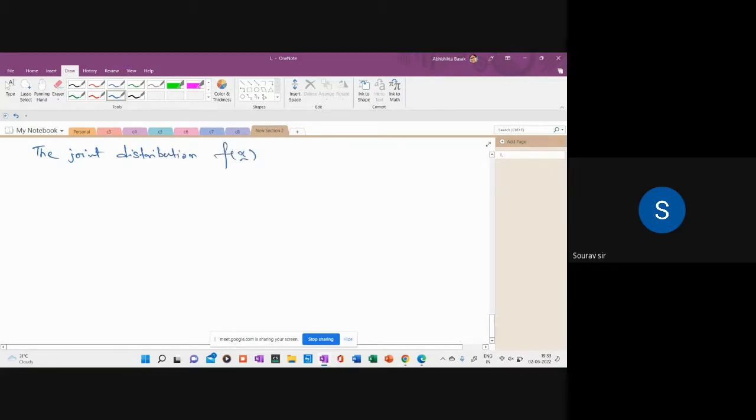f of x curl, I am writing it again, is called the likelihood function. Now I am going to take the natural log of this particular function.